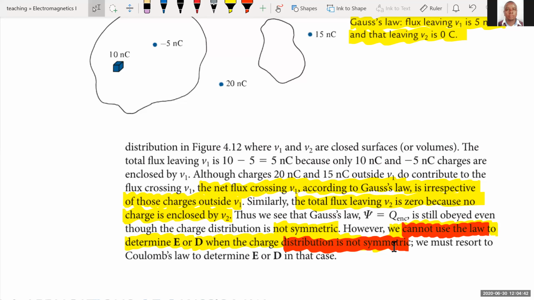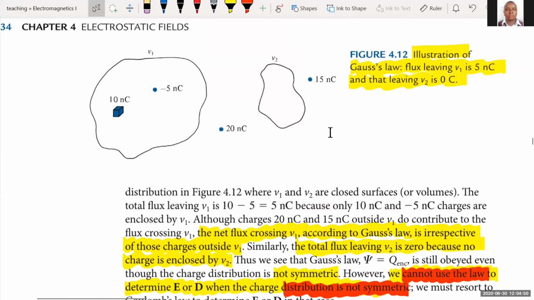There's another point that this figure up here illustrates. I think I already illustrated it earlier, but nevertheless, I will mention it again.